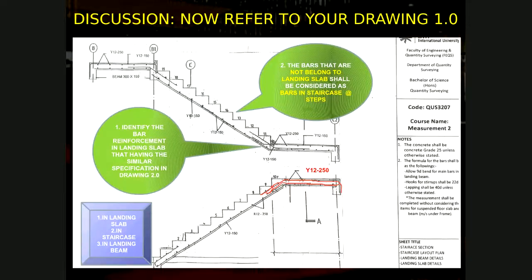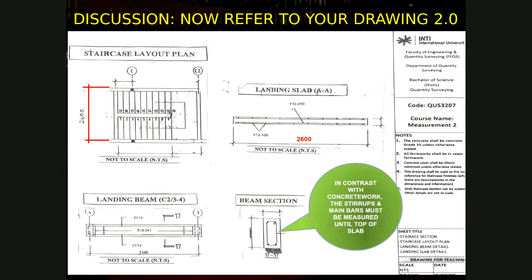Then only you go to the landing beam. Principally, we identify the bar reinforcement in the landing slab first because you are given the detail of the bar reinforcement in the landing slab. Okay, look at this. This is what I did mention before, 2006, 2006. So now, can everyone refer to this drawing, drawing number 2?